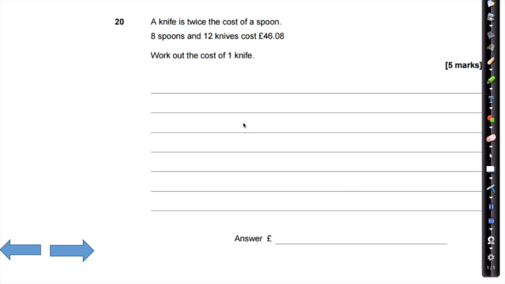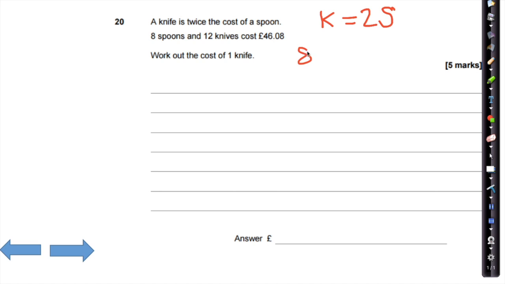In terms of algebra, we can say a knife is twice the cost of a spoon. So straight away from that, a knife, let's just call it K, is twice the cost of a spoon, so 2s. Okay, so K equals 2s. That's what we can get from that. We can also say from the second sentence, 8 spoons and 12 knives cost £46 and 8 pence.